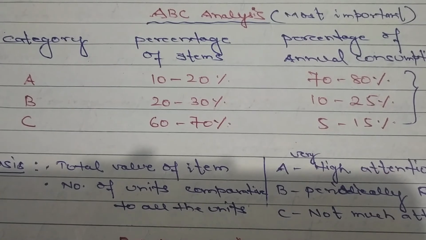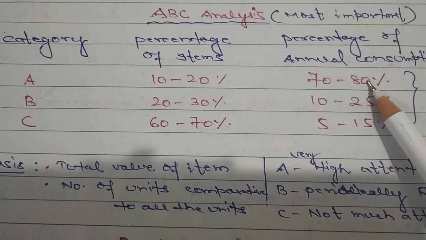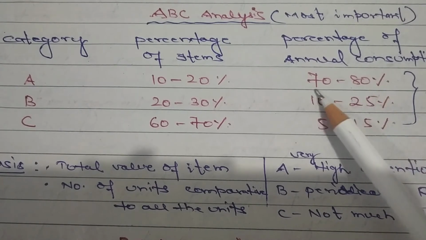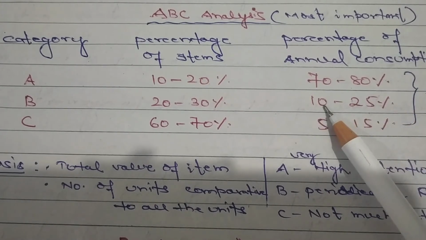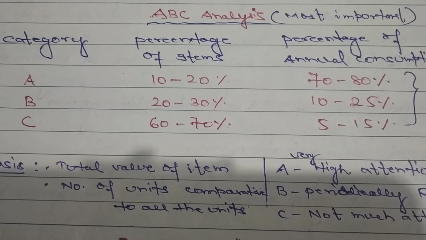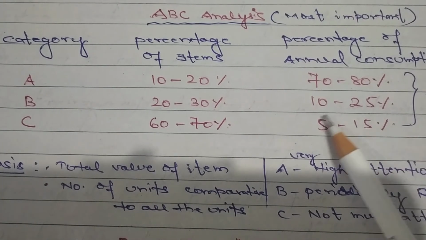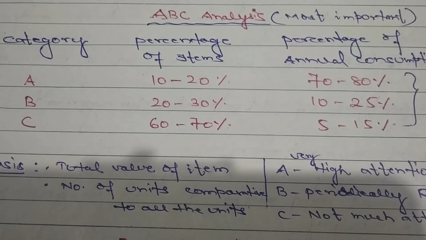It is almost 10 to 25% of the total value of the inventory. As in the case of A category, total value of the items can be 70 to 80,000, in the B category the total value of the items could be 10 to 25%. In the same way, in the C category the number of items is very high, but the total value is very low, almost 5 to 15%.